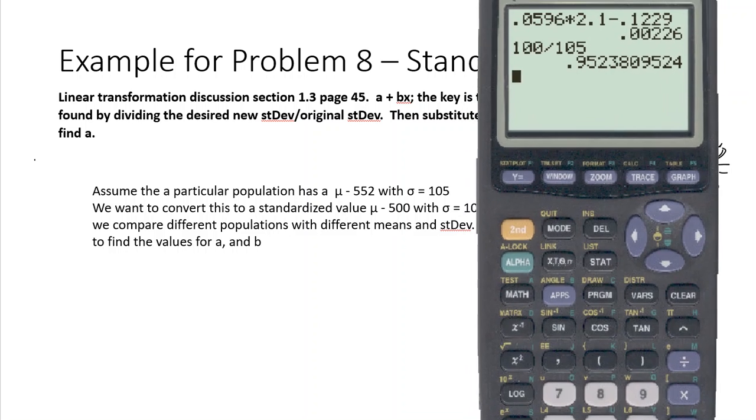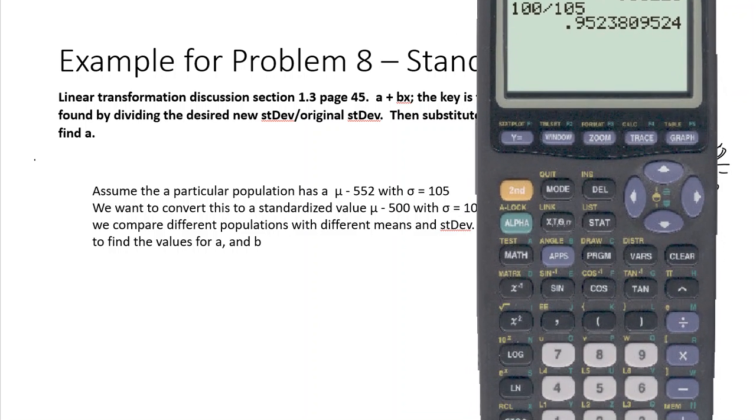Now, what I want to call your attention to is if you round this at this point to 0.95, you're probably going to get the wrong answer. The question, if it asks for B, is 0.95 because they tell you to round it to 2 places. But if you use that 2-place rounding value for the next step, you may very well get the wrong answer because of a rounding error.